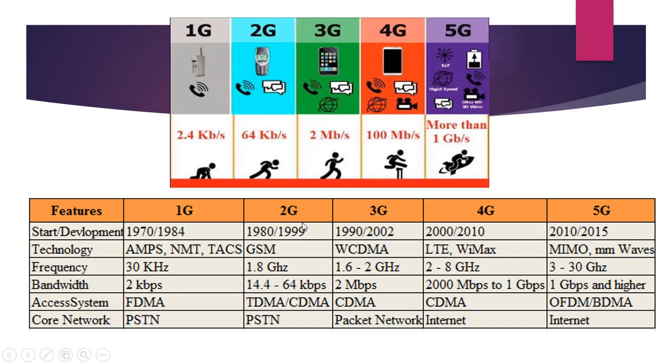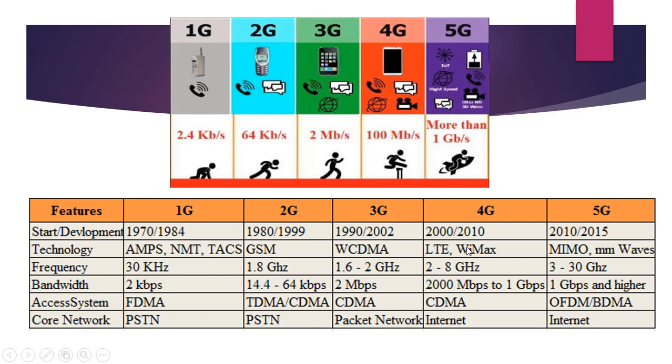And then we moved to third generation in almost 2000, and the technology was WCDMA, frequency was 1.6 to 2 gigahertz, and maximum speed we got was 2 Mbps, and access system was again CDMA. And then there was the age of the 4G generation, where we are utilizing a massive amount of data nowadays.